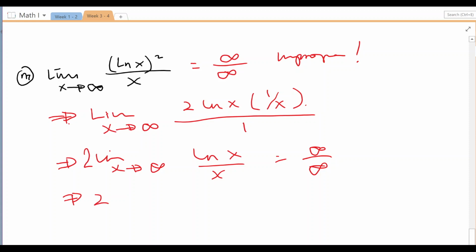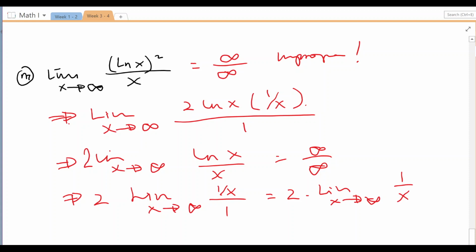The derivative of ln x is 1 over x, and the derivative of x is 1. Therefore this equals 2 times the limit as x approaches infinity of 1 over x. By direct substitution, 1 over infinity equals 0, so 2 times 0, and therefore the answer is 0.